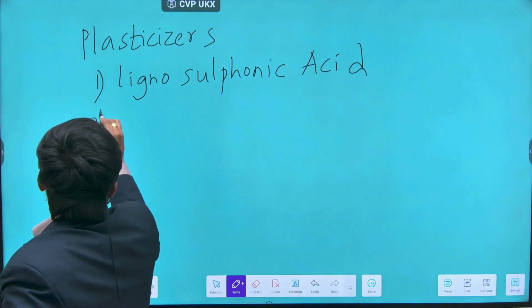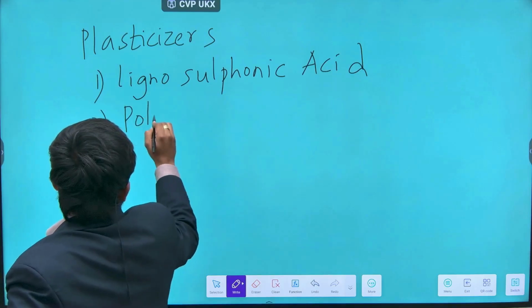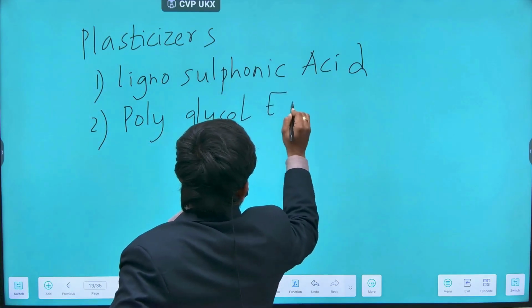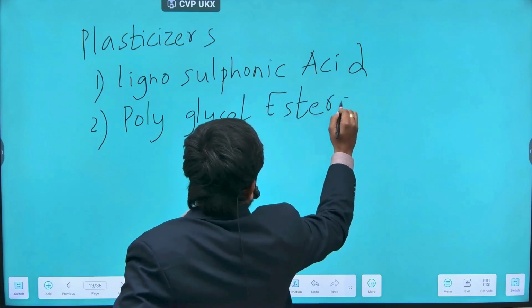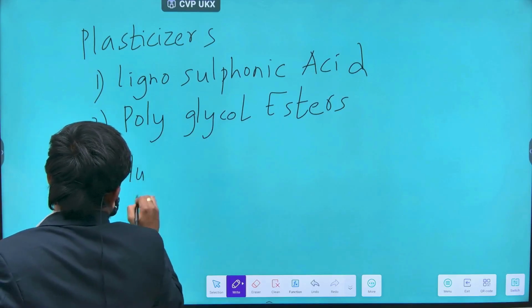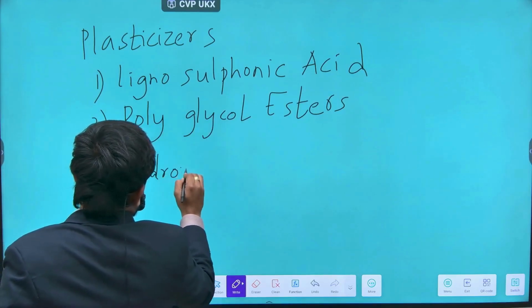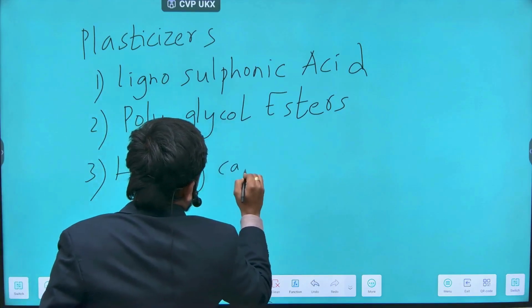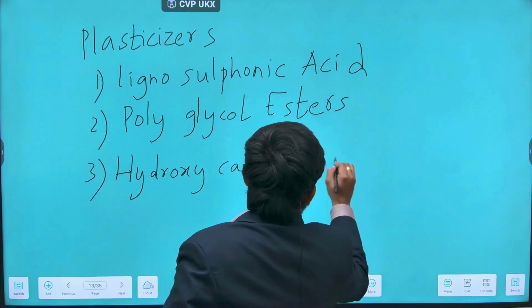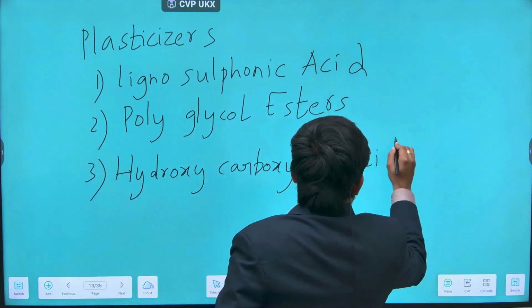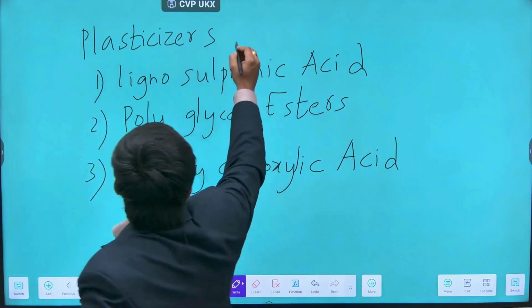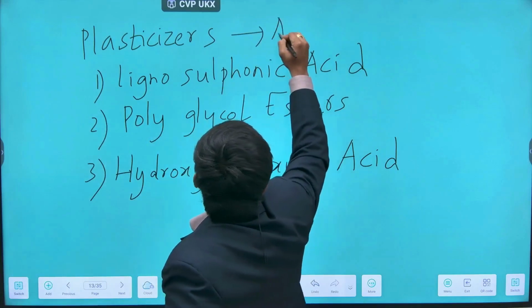Sulfonic acid, polyglycol esters, hydroxycarboxylic acid. These are the basic plasticizers available in the market.